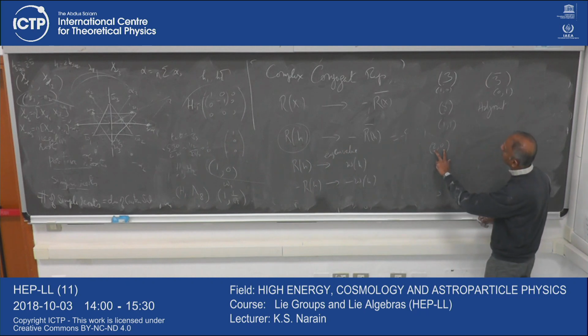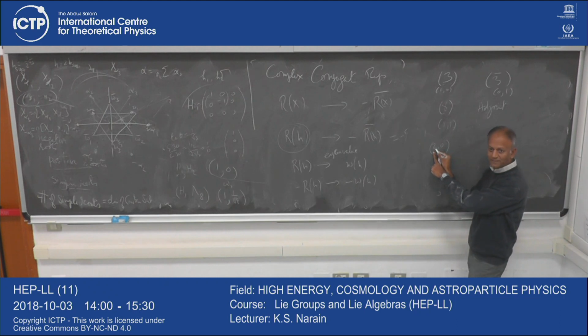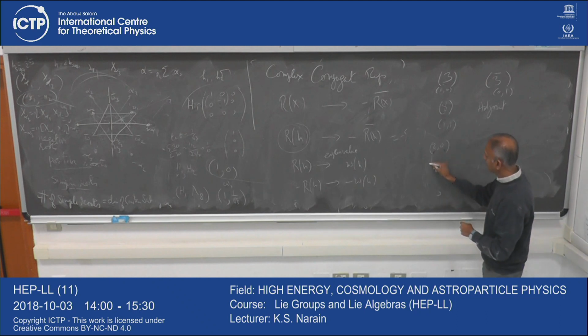Let's say 2, 0. So what does this number tell you? This tells you that with respect to the first SU2 subalgebra, it's a spin 1, right? Because spin is half of this number. So it's spin 1. And with respect to the second SU2 subalgebra, it is spin 0. Okay? So the only thing I can apply here is x minus alpha 1.